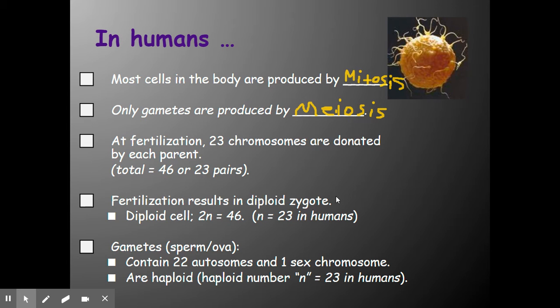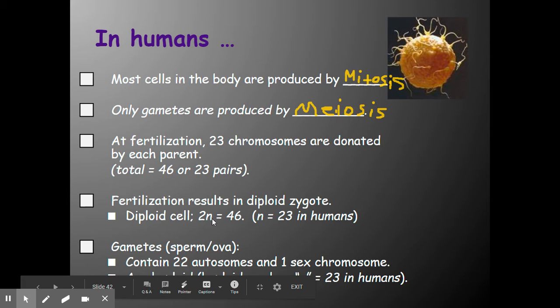A diploid cell is a 2N cell, N referring to the number of chromosomes in a gamete. So each gamete has 23 chromosomes. It's referred to as N in humans. And so we have 2N, diploid.